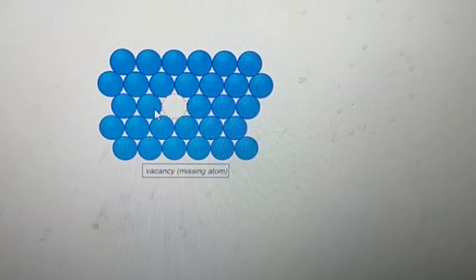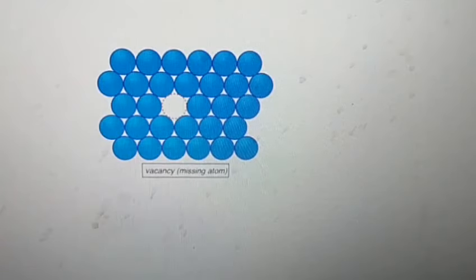When some of the lattice sites are vacant, the crystal is said to have a vacancy defect. Here there should be a constituent particle, but practically there is a vacant site. Due to the existence of vacant sites, that particular solid exhibits vacancy defect.